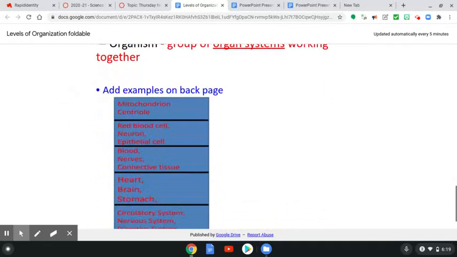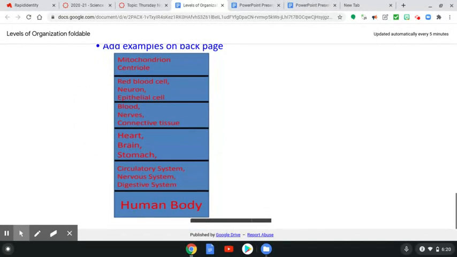Now, if you don't want to use these examples, like, if you don't want to use mitochondria because it's too big, you could use something like ribosome. You could use something like nucleus, any organelle. Here for cells, we did red blood cell. Neuron is a nerve cell.